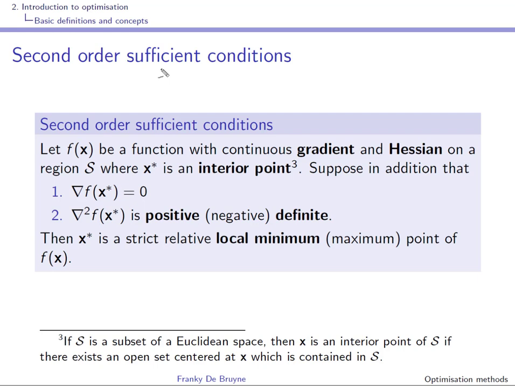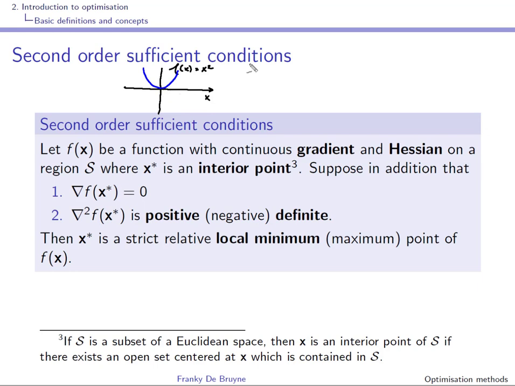Let us take an example, a very simple one, where we have a function of one variable. f of x is equal to x squared, and well, the function looks like this, right? And you know that the minimum is at 0.